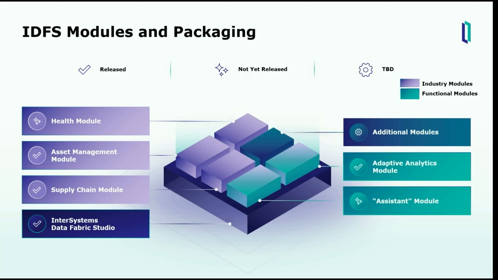That's an optional module. That's the adaptive analytics module. And then the assistant, which will be rolling out shortly. And you can see the released and the not yet released. So the health module soon to be released, the assistant module soon to be released. And then, of course, over time, we'll be rolling out additional modules to flesh out the capabilities, both for different industries and for functional capabilities.